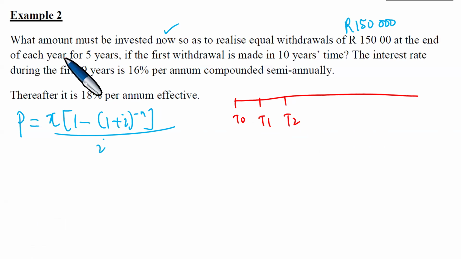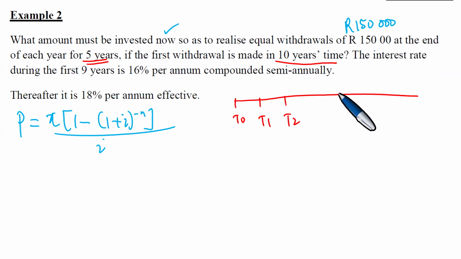What amount must be invested now so as to realize equal withdrawals of 150,000 at the end of each year for 5 years? If the first withdrawal is made in 10 years' time, right? So that is what you need to take into account.